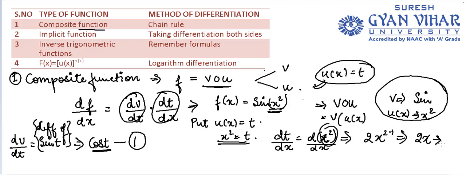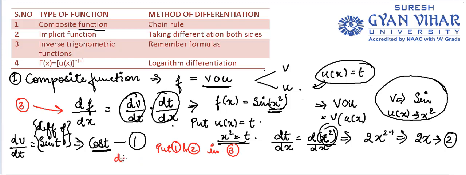So this is equation number second. Now we know that df by dx is dv by dt times dt by dx. This is equation third.